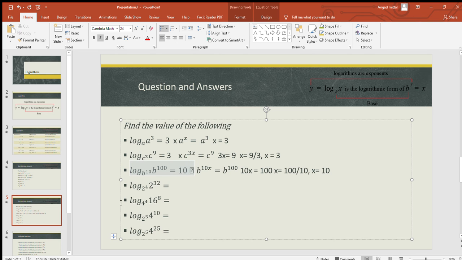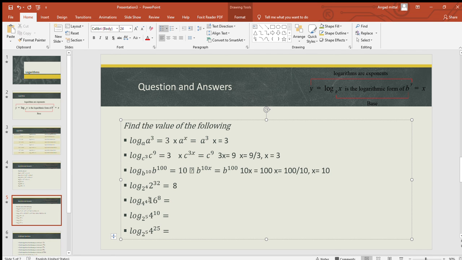Now, using the same method for questions number 4, 5, 6, and 7, the answer will be 8. And in questions number 3, 4, and 5, you can see that the bases are not the same on the product and the base. So in order to get the bases the same, you can convert them. For example, the base here is 4, and the base in the product is 16. Now I know that 4 raised to the power 2 is 16.